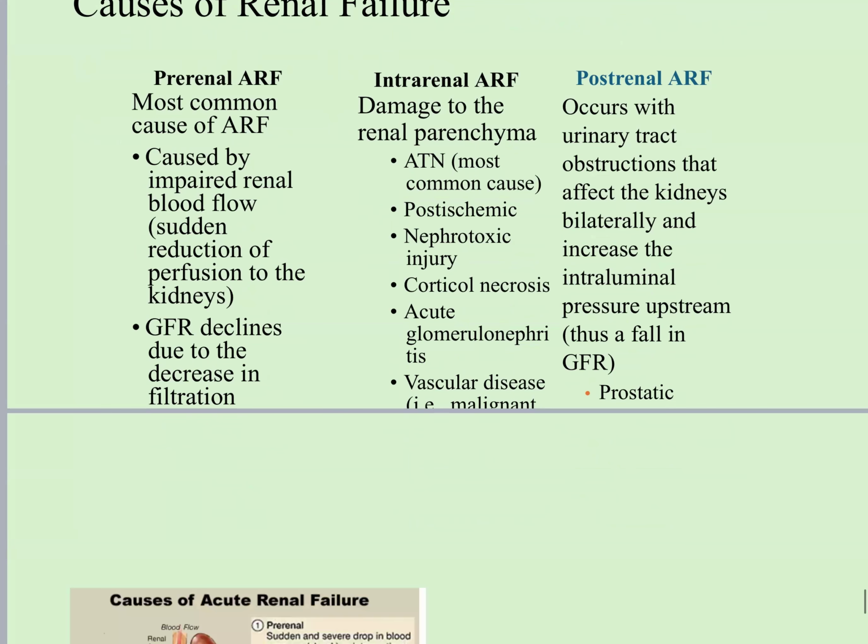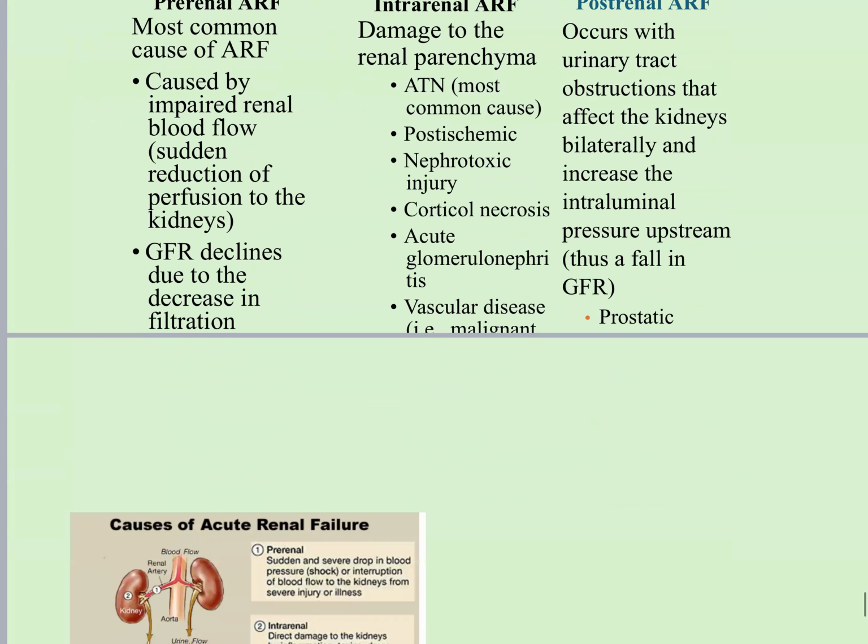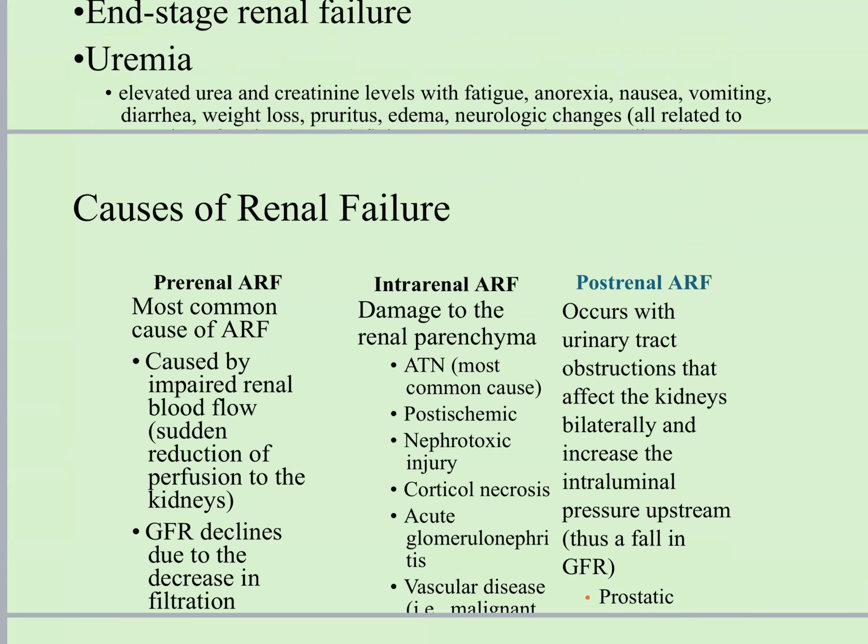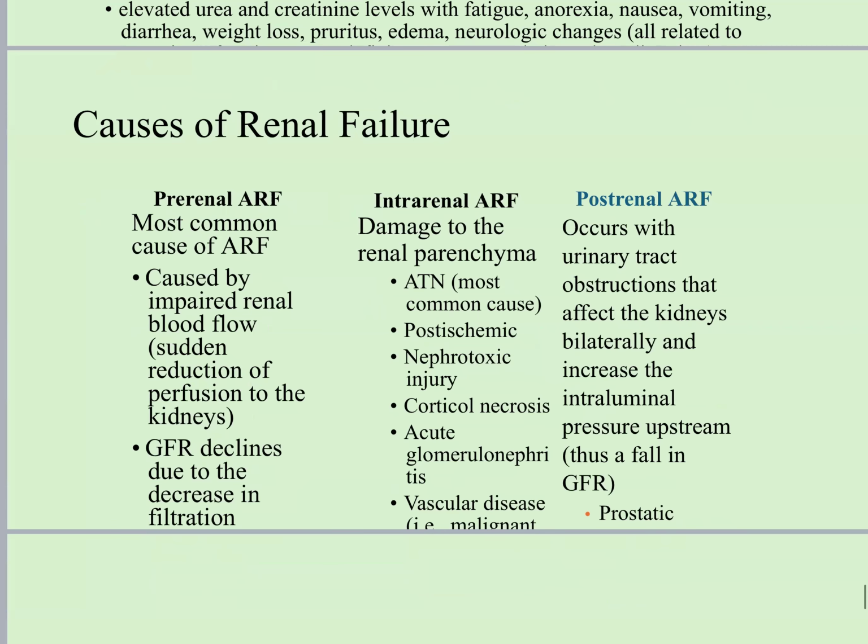Then we have post-renal acute renal failure. That is something caused by something below the kidneys. As crazy as it sounds, it could be something as simple as somebody having a urinary catheter that gets kinked off for a really long time, and all that urine backs up, which doesn't allow filtration to take place.